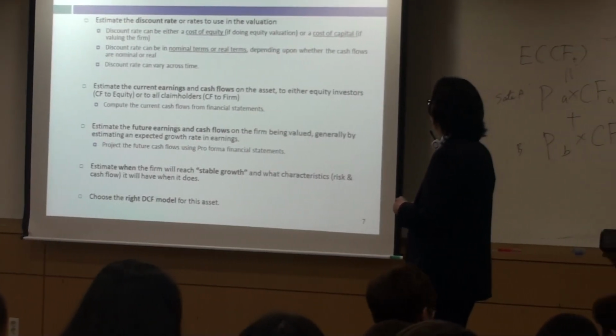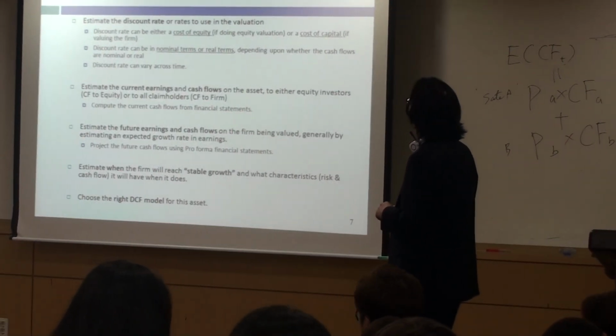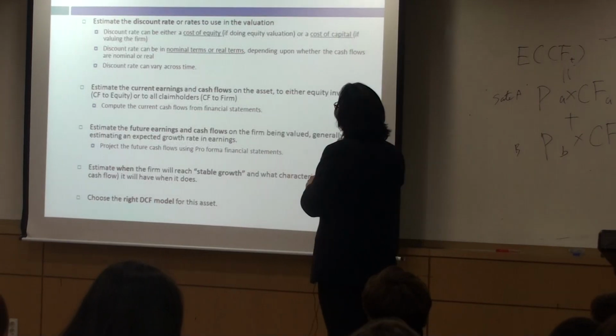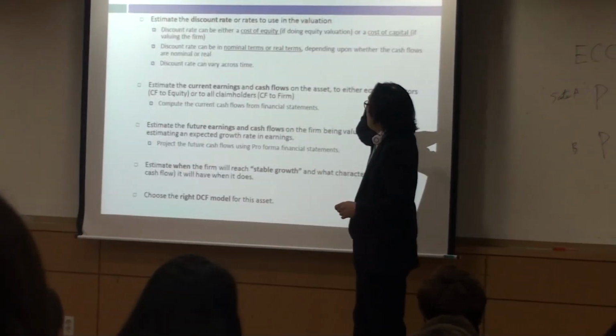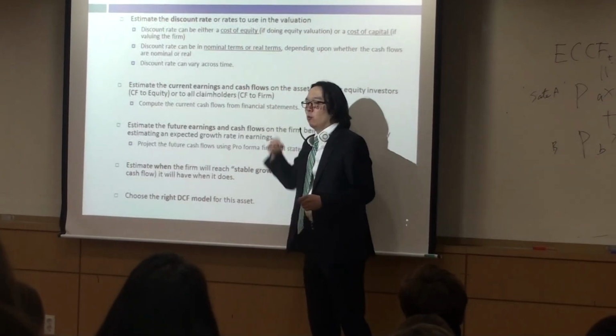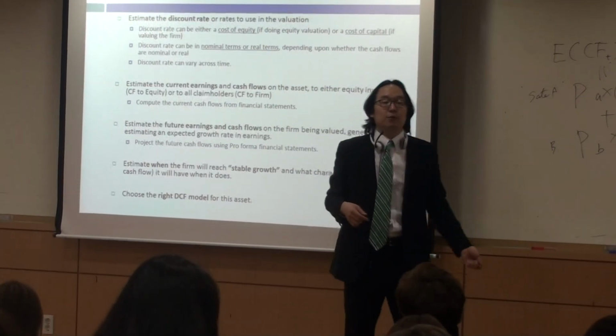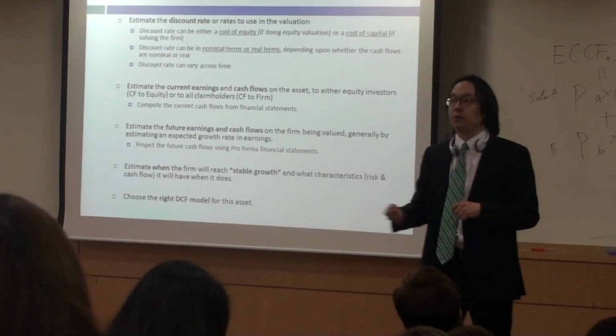And then estimate the current earnings. For the cost of capital, cost of equity or WACC, you still have a choice whether you should go for a nominal discount rate or a real discount rate.